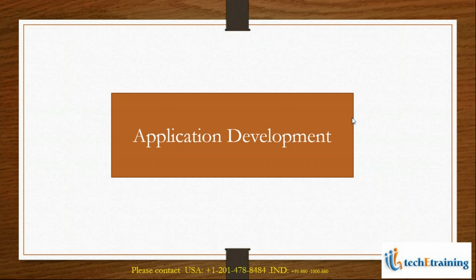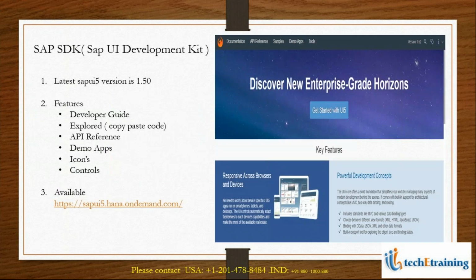Coming to application development, in order to do the application development we will walk through the SAP SDK. This is the area where you will gain knowledge of what SAP UI5 is, what the developer guide is, how to use the explorer available with the SAP sample screens, what the API of SAP UI5 is, what demo applications, icons and controls are there, and the complete knowledge about the SAP UI5 client application development interface.